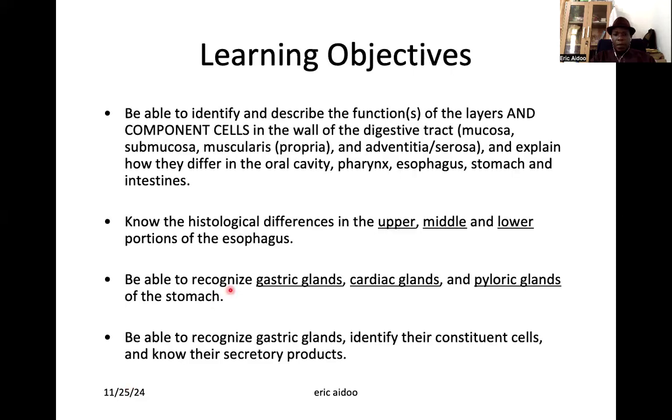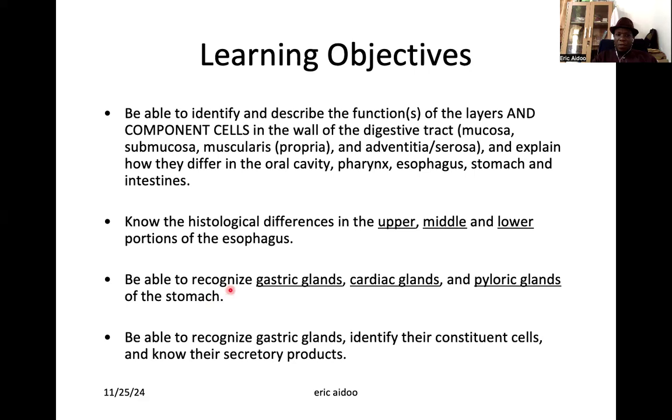So, these are the learning objectives. I expect that students will be able to appreciate the various sections of the gut tube, and also be able to name the parts as far as micrographs are concerned.